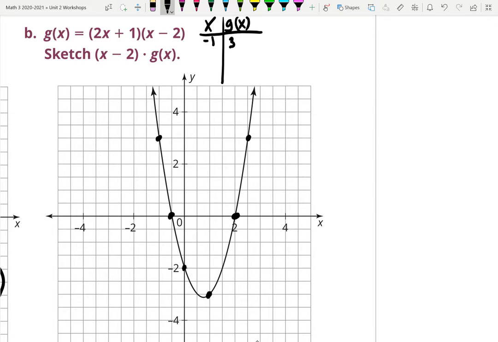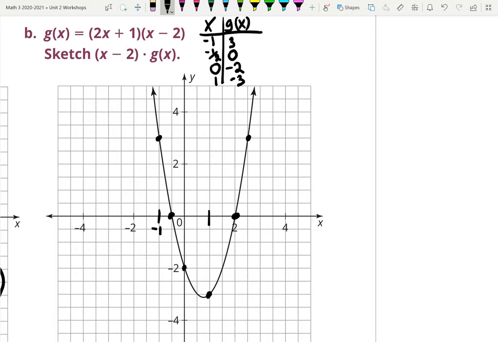Here would be -1. What is between -1 and 0? -1/2 is going to be 0. Furthermore, at the input of x is 0, it is going to be -2. When it has an input of 1, it's going to be -3.